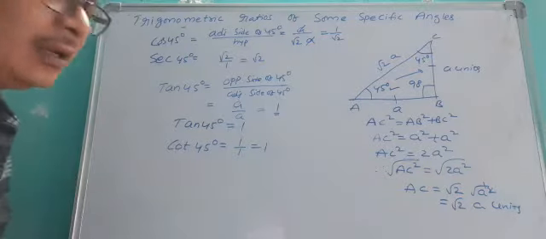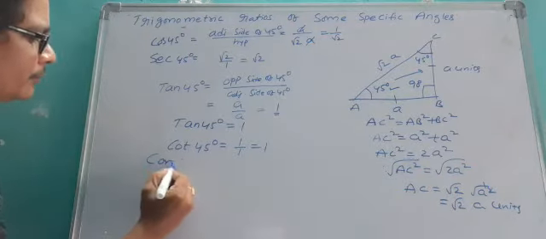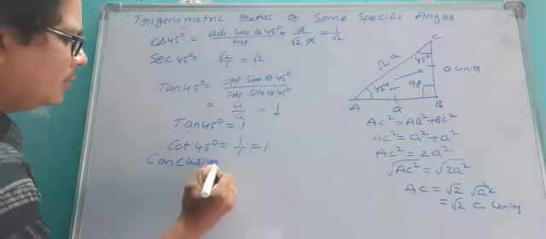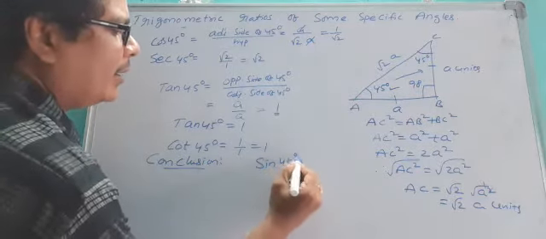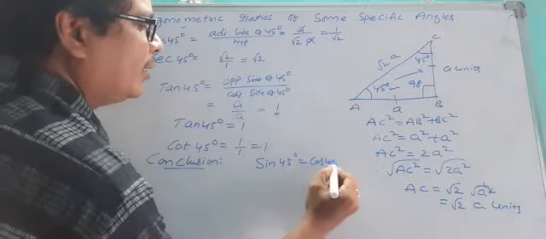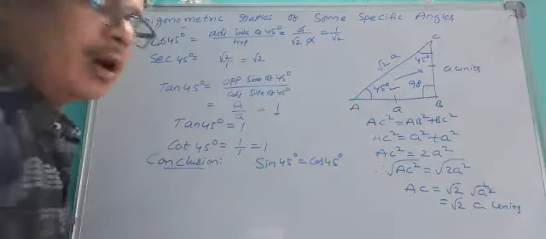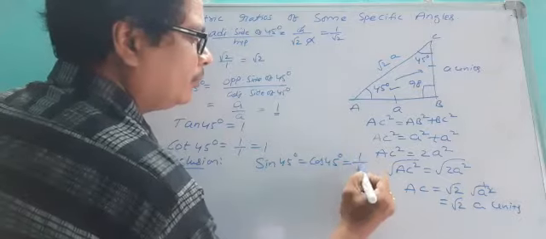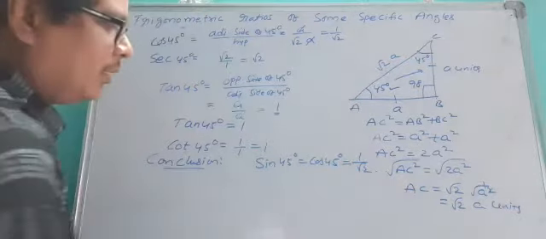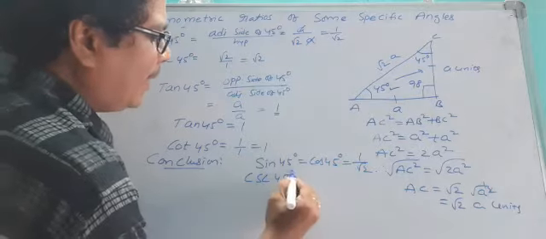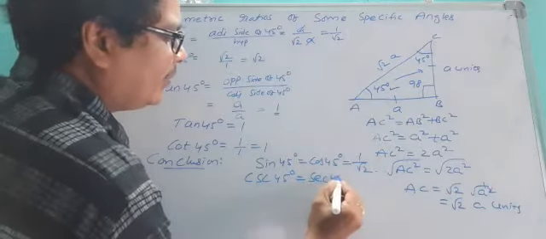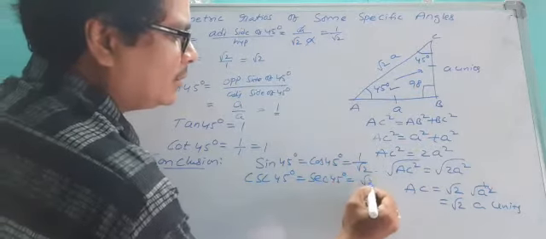So what is the conclusion here? Sin 45 and cos 45, both values are the same, 1 by root 2. As usual, cosecant 45 and secant 45, the reciprocals, are both root 2.